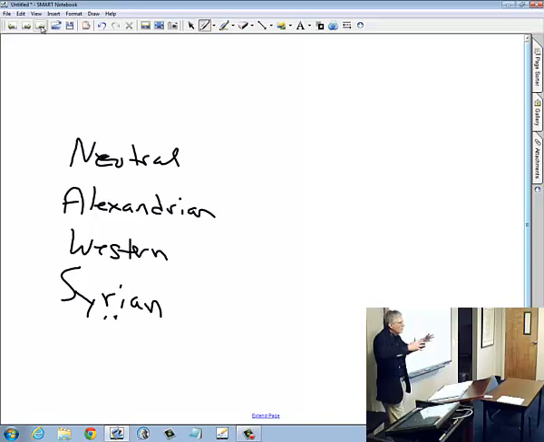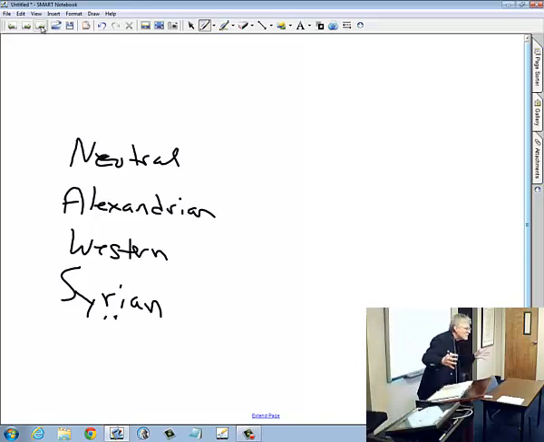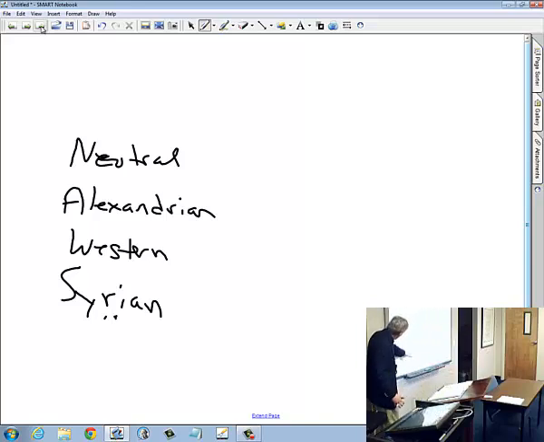But even though we have the massive amount of witnesses that would fall within this category, it's reduced. You can see what happens. Here's most of the evidence, but it's reduced to a single family.